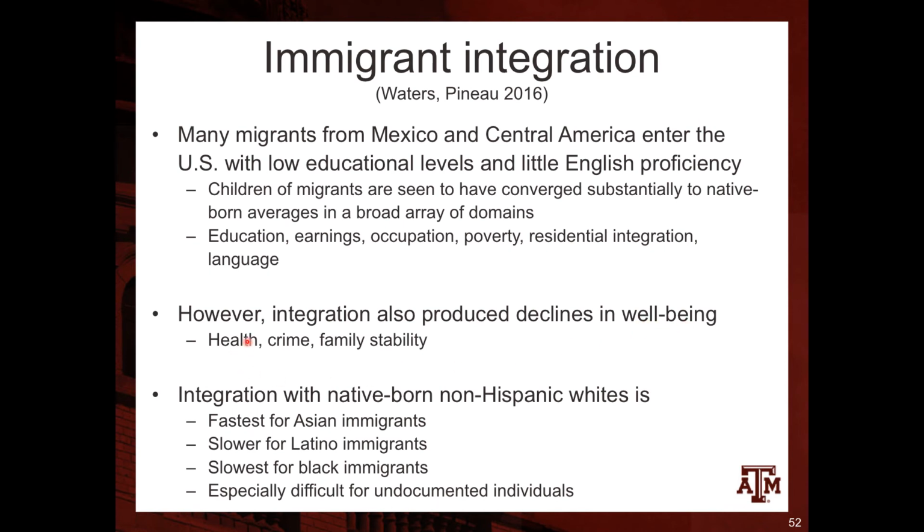So, for example, usually first generation immigrants overall have better health than the US-born population. And we talked already about this, the Hispanic paradox. We would expect that because these immigrants from Mexico, Central America and South America have lower levels of education, they would have lower levels of health.